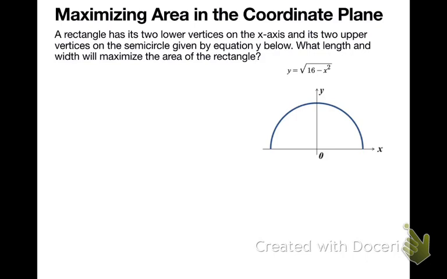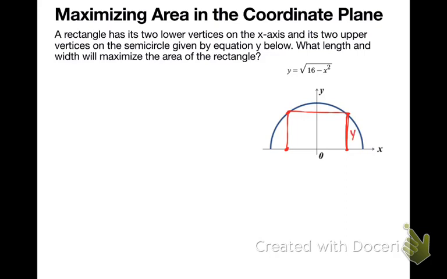So we've got some rectangle here such that we have one vertex here, here, and then the upper vertices fall on this semicircle. So here is some generic rectangle that is being described in this problem. It says what length and width will maximize the area of the rectangle.